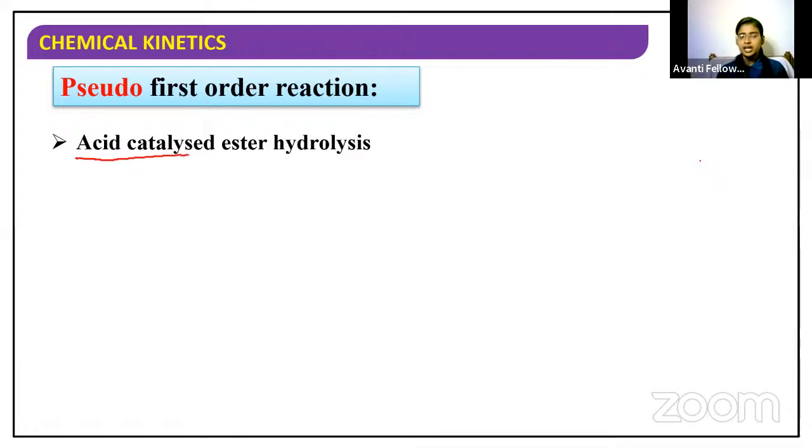What is the formula for an ester? RCOOR. This is the ester, and both R can be the same or both R can be different. This is the functional group for ester. Now I am going to take one ester, CH3COOC2H5.